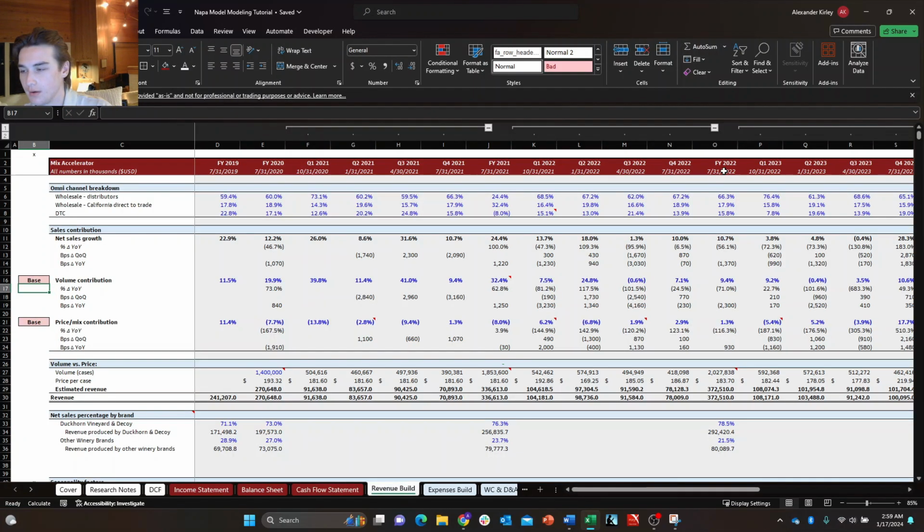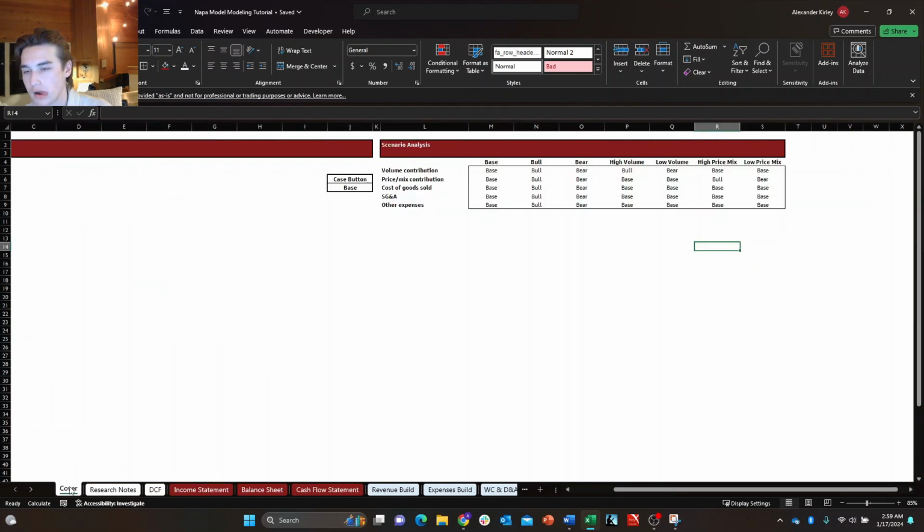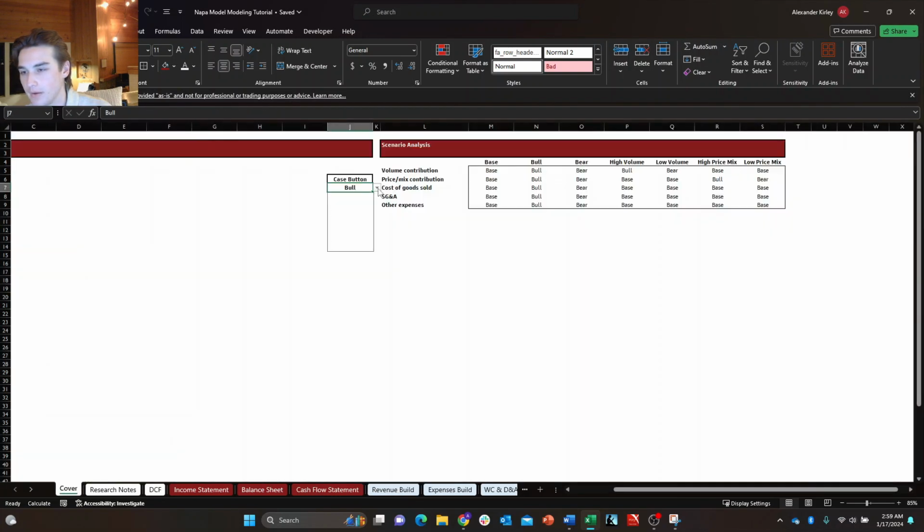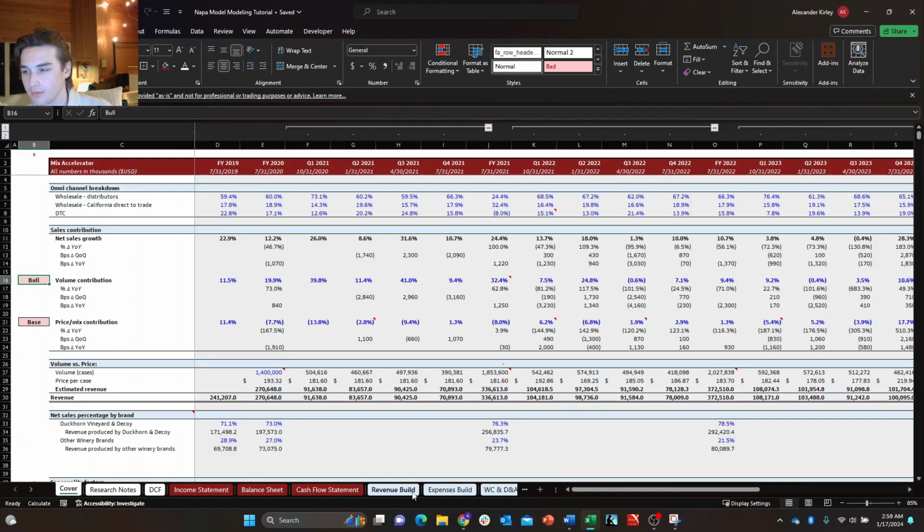And let's hope this works. Ta-da! There we have it. So if I turn to high volume, it should display a bull for a volume contribution. There we go.